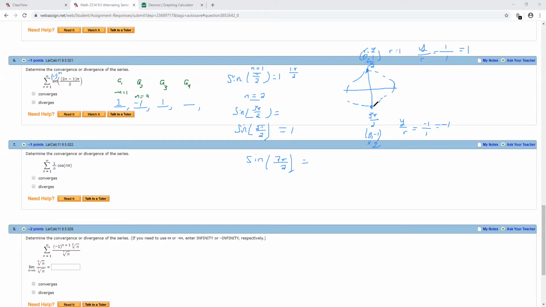So the sine is the same answer as 3 pi over 2, which was the negative 1. Is that okay? Yes.